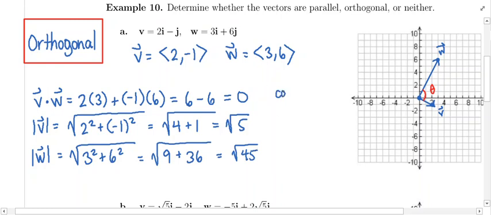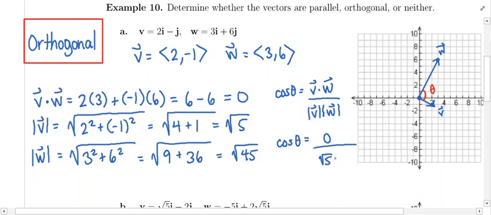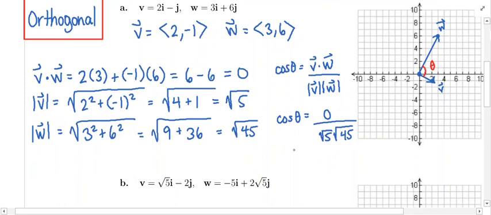The cosine of theta is going to be V dot W over the magnitude of V times the magnitude of W. So we would get that the cosine of theta is equal to V dot W, that's 0, over the magnitude of V, that's the square root of 5, times the magnitude of W, that's the square root of 45. We could pop this into a calculator.